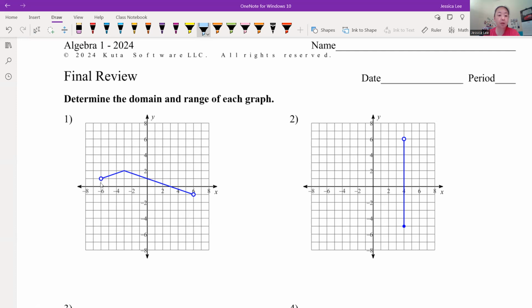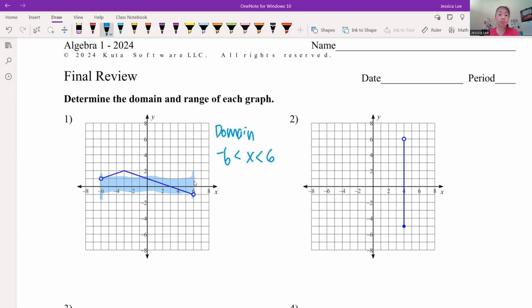The furthest part is right here, and it goes all the way through to right here, right? So we'll say domain like this, and it's going to be -6 is less than x, which is less than +6. Like that.